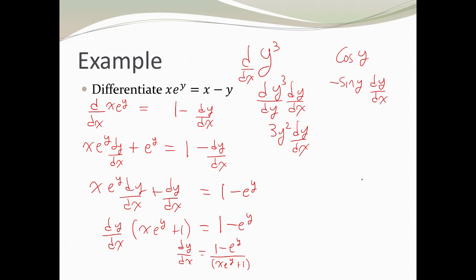That way you skip this middle step. But remember, to go from here to here, what we're really doing is taking the derivative of the function with respect to y and then multiplying it by dy dx. These two are equivalent because my dy's just cancel out to go from one to the other.